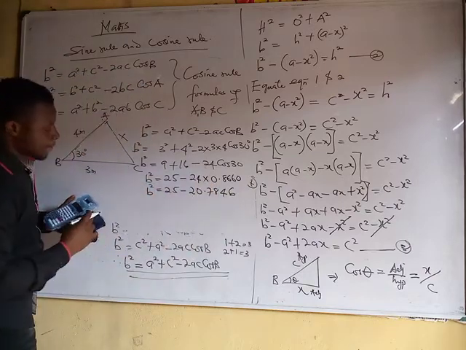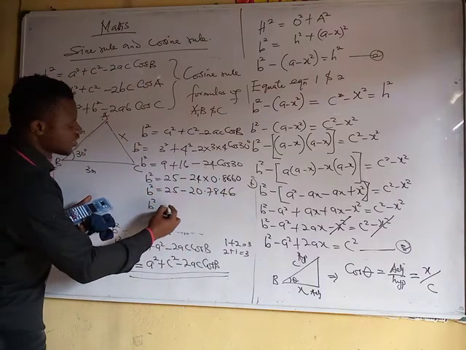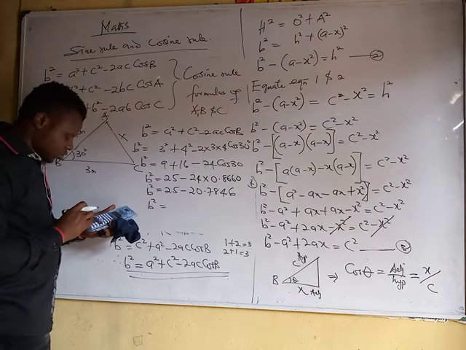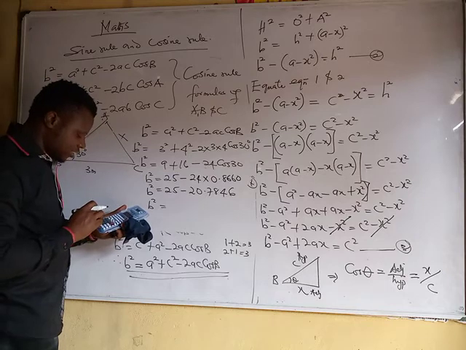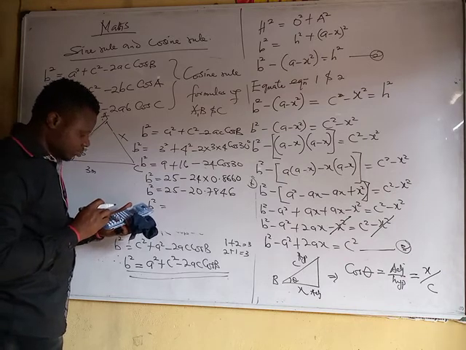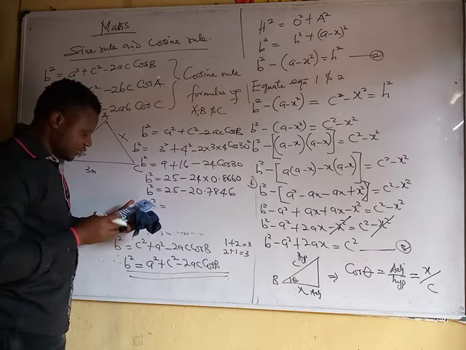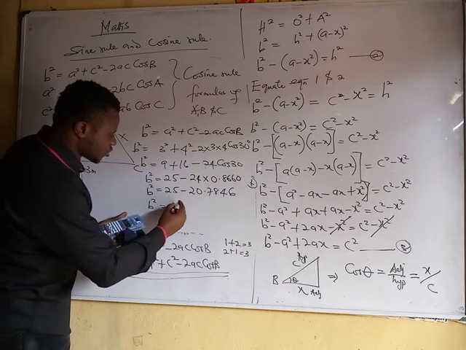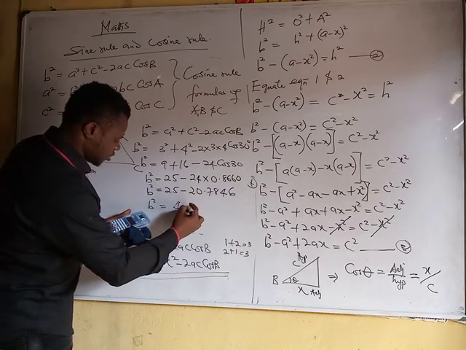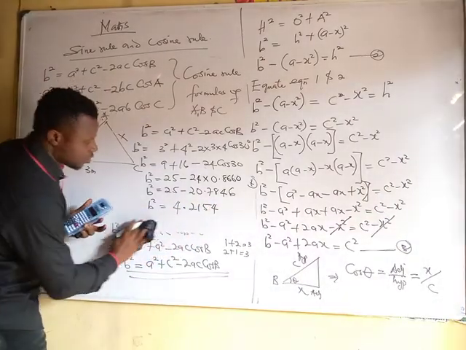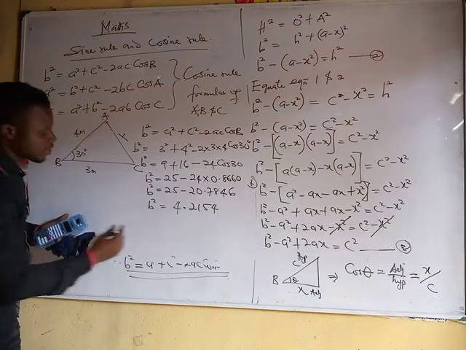Now, our b square is equal to 25 minus 20.7846, which gives us 4.2154.